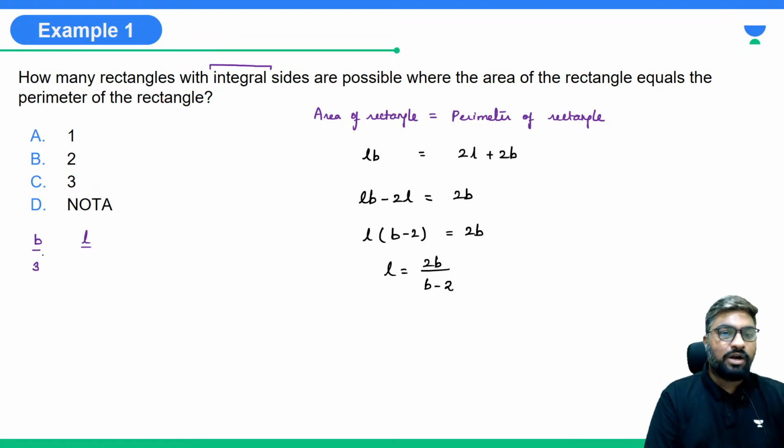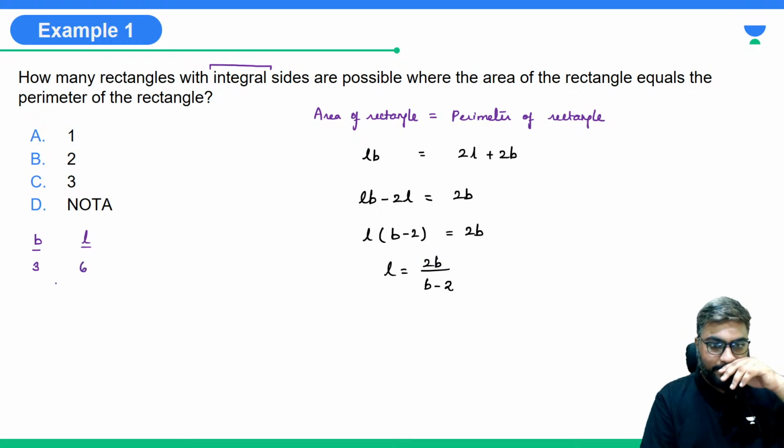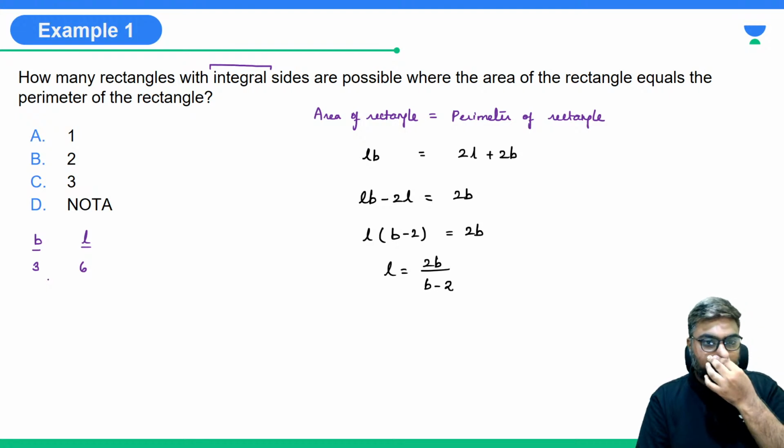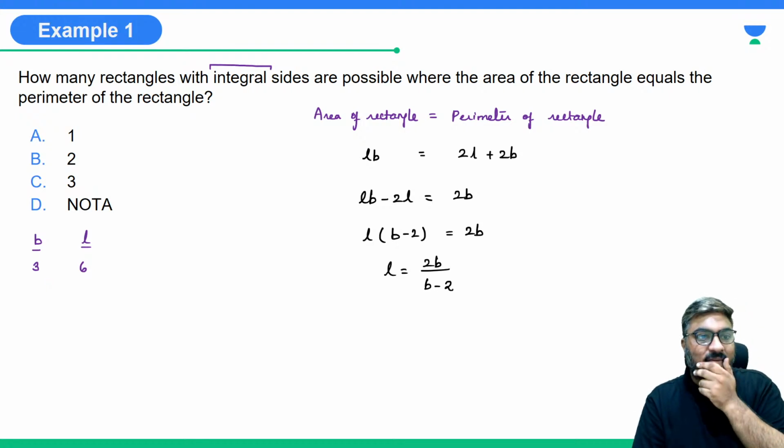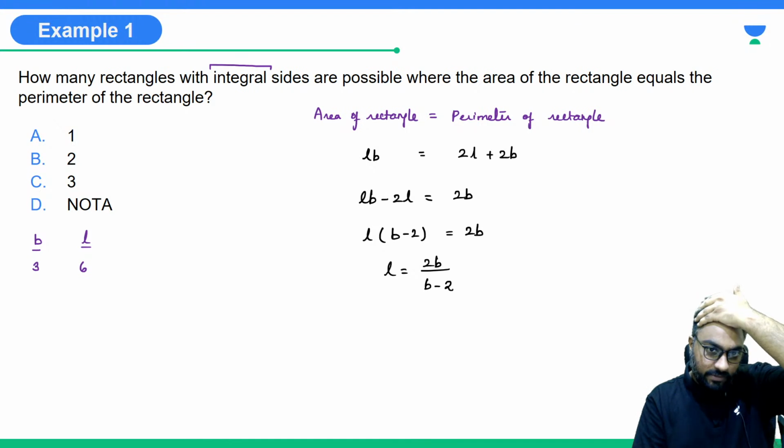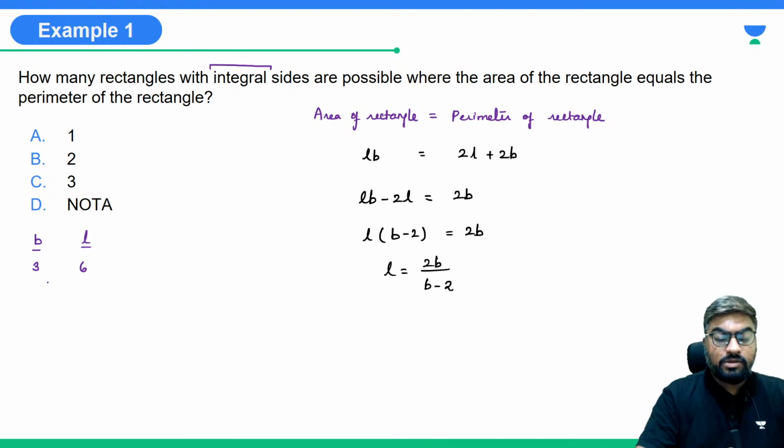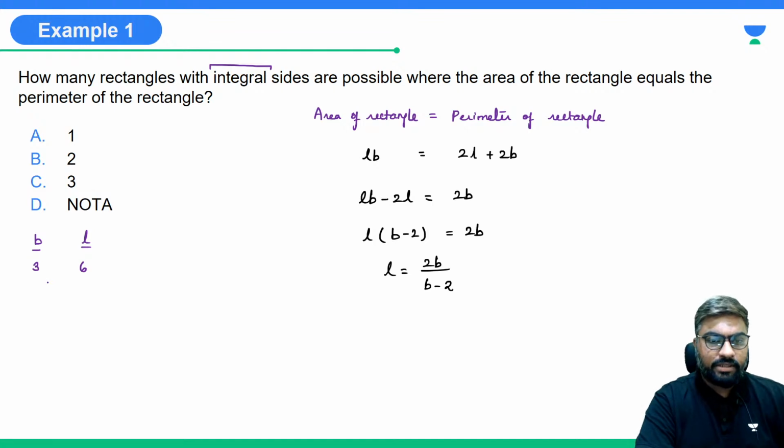What happens when B is equal to 3? Denominator में 1 हो जाएगा, ऊपर में 2 into 3, 6 हो जाएगा, correct? So 3, 6 is possible. Nothing's wrong here, right? 3 minus 2, okay.